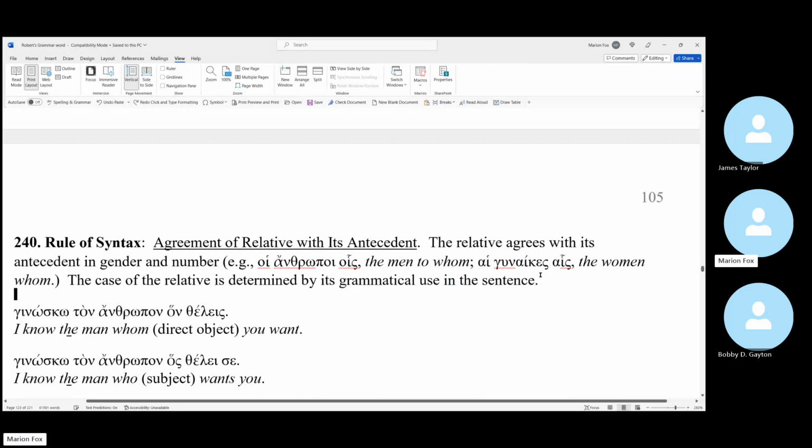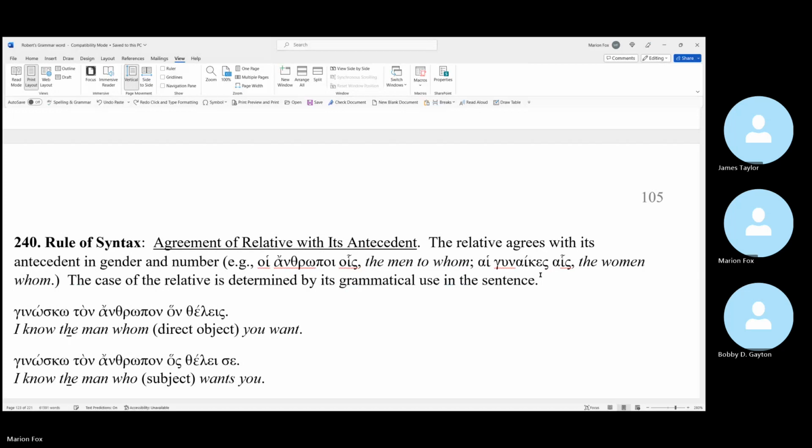English has a word for wife and a word for woman, two separate words. Greek has one word that covers both, and that's context determined. So here the English is more exact than the Greek. Usually the Greek will be more exact, but that's not always the case. The women whom, or by whom, or to whom, or with whom.